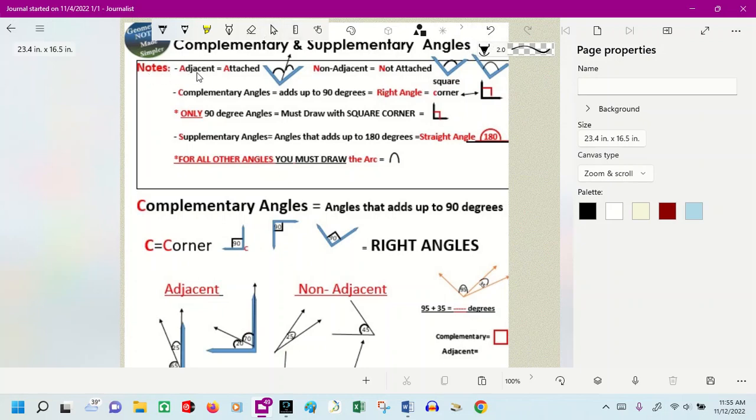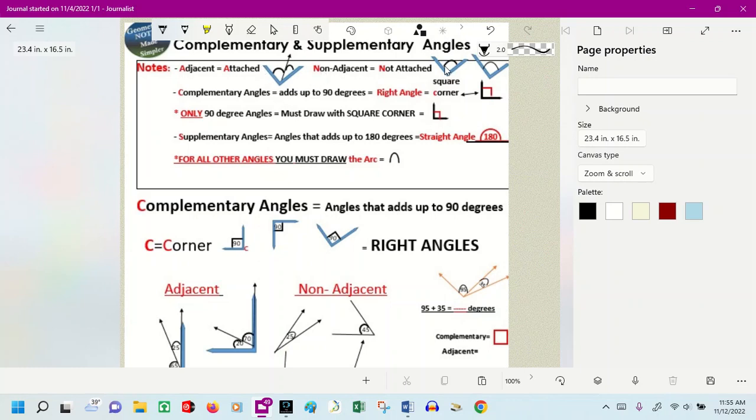We know the word adjacent. Adjacent means attached. When something is adjacent to something else, it is attached to it. Angles are said to be adjacent to each other when they are angles like these two within one larger angle. These two angles are adjacent to each other because they both sit within one larger angle.